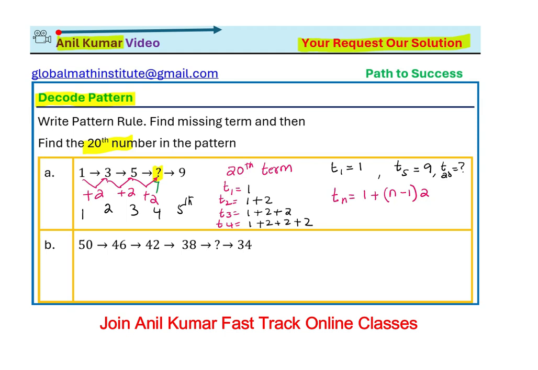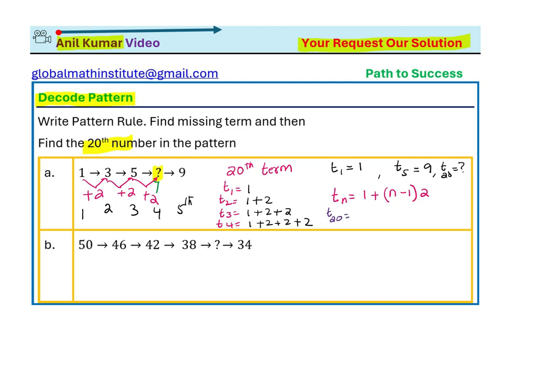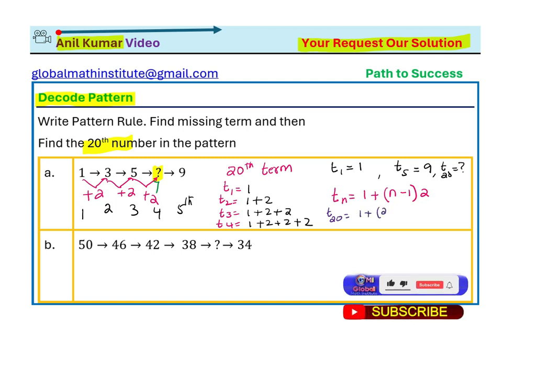So the whole purpose of this video is to cultivate this creative thinking of deriving a formula from something given to us. You see how we derive the formula? Perfect. Now it's easy to find the 20th term. So T20 will be 1 plus (20 minus 1) times 2.